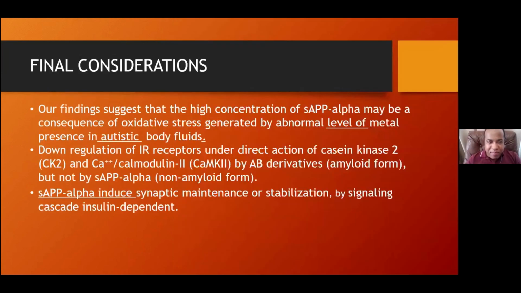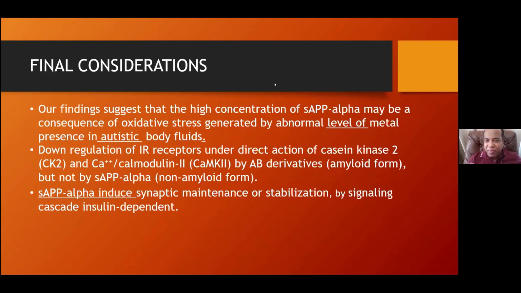But the amyloid peptide, the alpha peptide, has exactly a copper site in this position. In other words, the APP peptide acts like a binder of copper and metals inside the brain. In individuals with autism disorder, we have difficulty metabolizing copper and iron, but they show a high concentration of APP peptide.